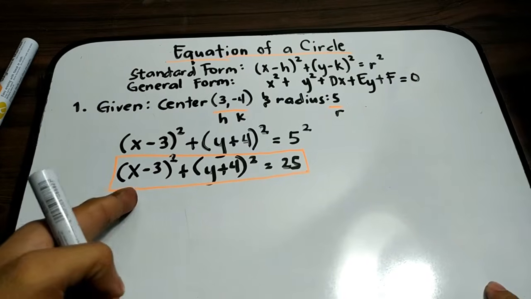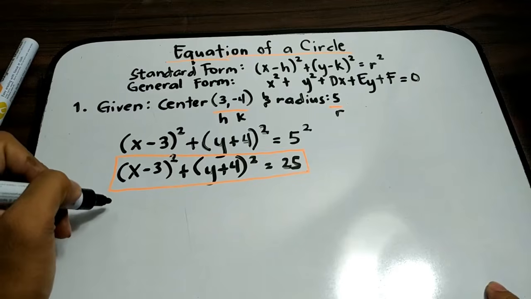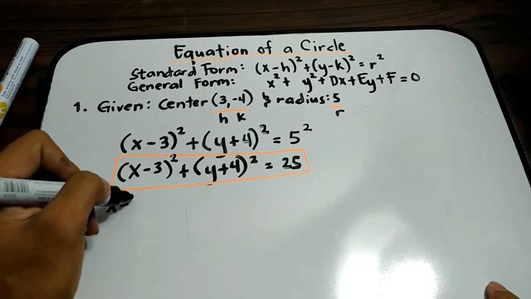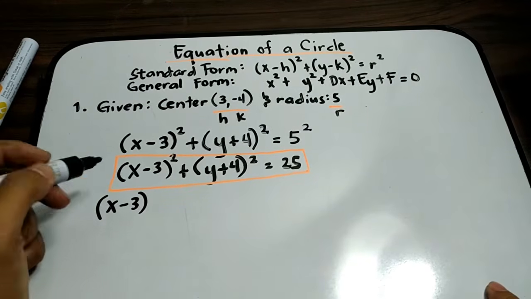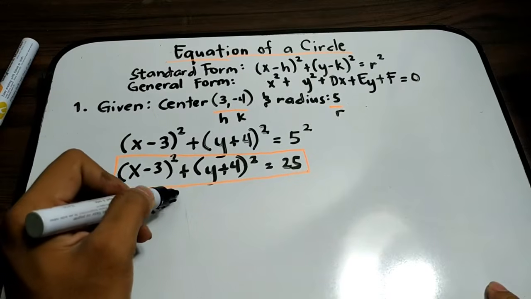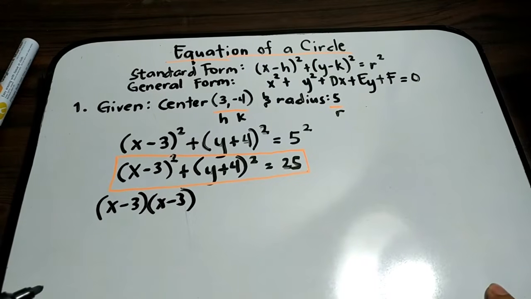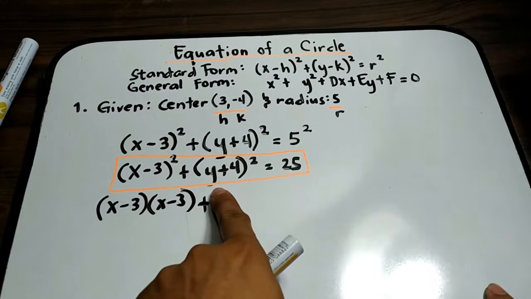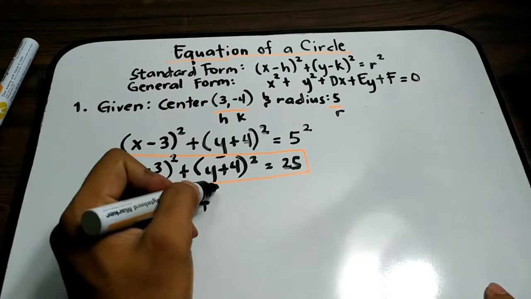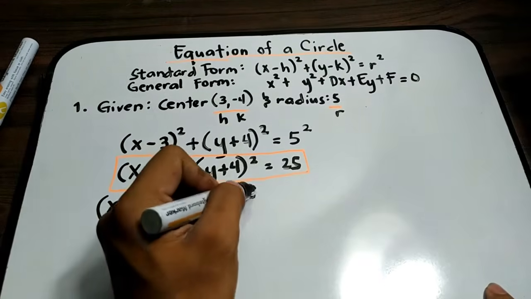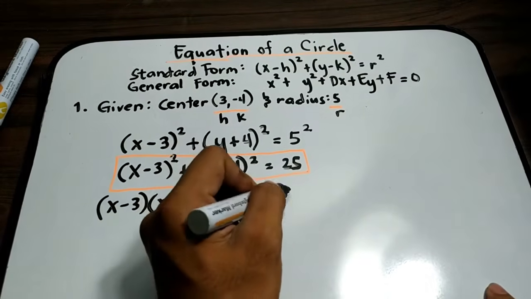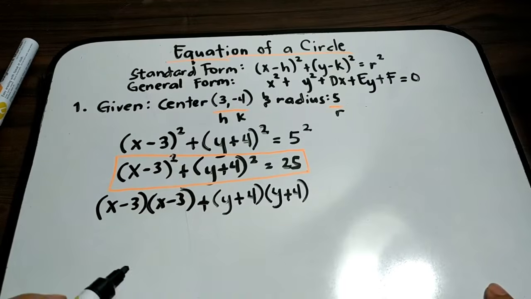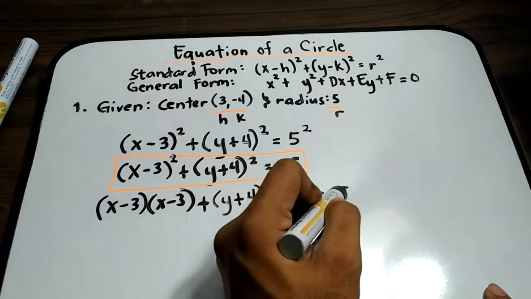We all know that x minus 3 squared is simply x minus 3 times x minus 3, plus this y plus 4 raised to 2 is simply y plus 4 times y plus 4, then be equal to 25.